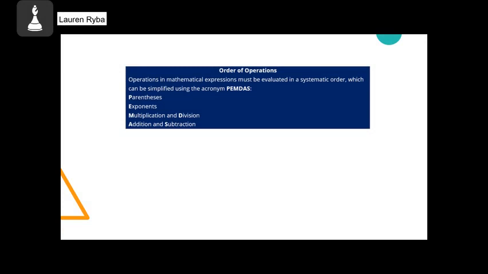The next thing we're going to do is review the order of operations. Now, you may have remembered this phrase, please excuse my dear Aunt Sally. Before we do this, I want to clarify some things. The reason we have an order of operations is so that everyone, when doing the same mathematical problem, will get the same correct answer.